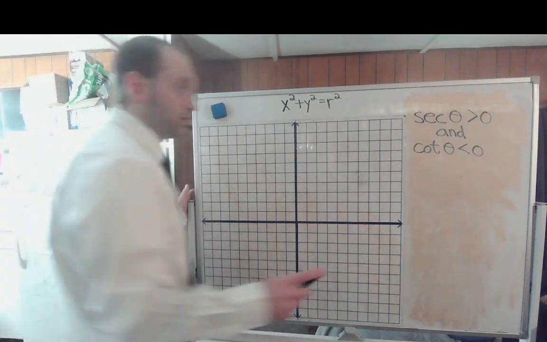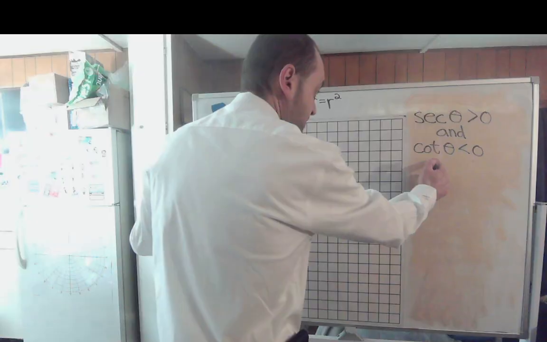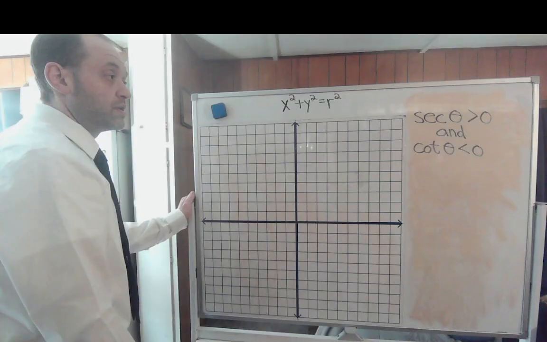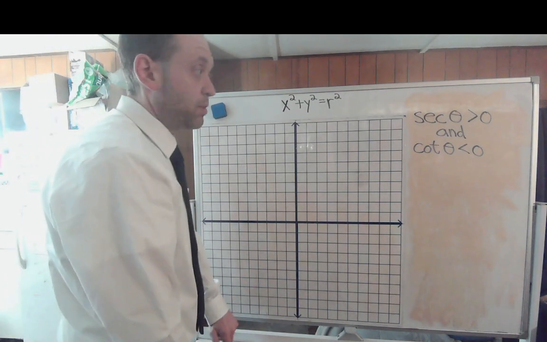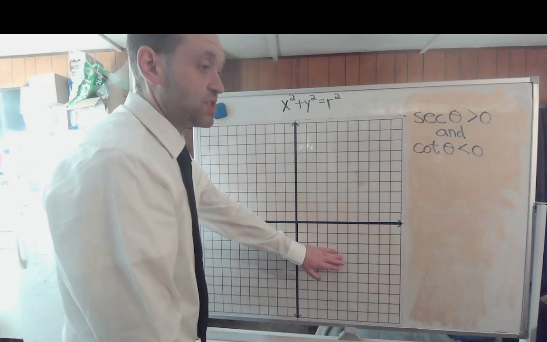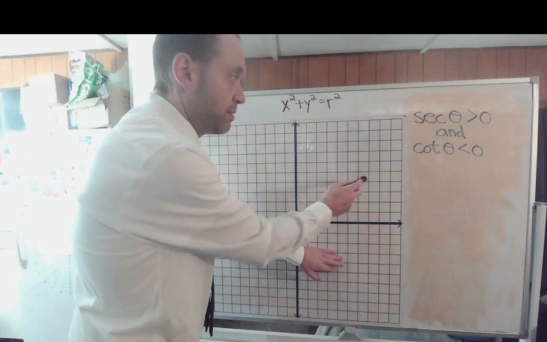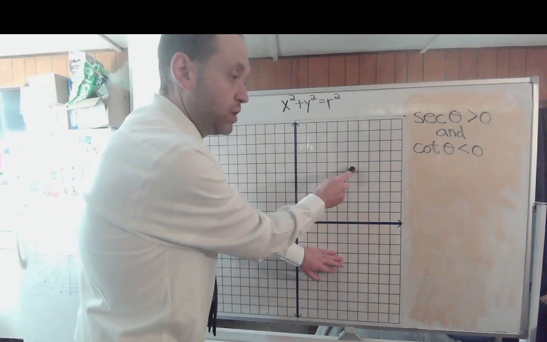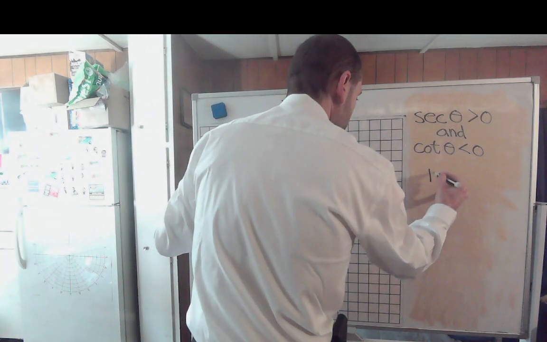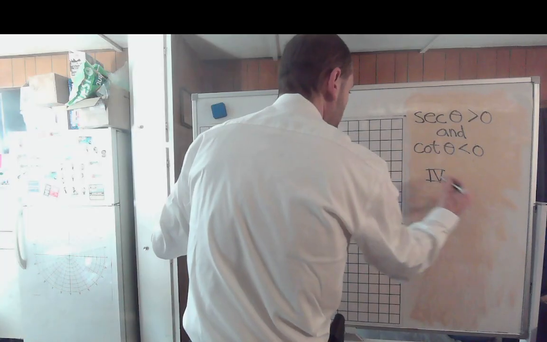Now consider the other criteria, the cotangent of theta is less than 0. Between these two quadrants, that would only leave quadrant 4, because the cotangent is positive in quadrant 1 and negative in quadrant 4. So this is referring to a fourth quadrant angle.